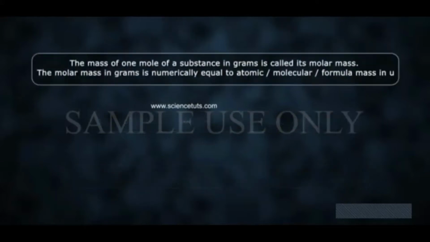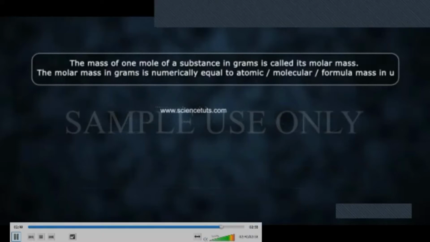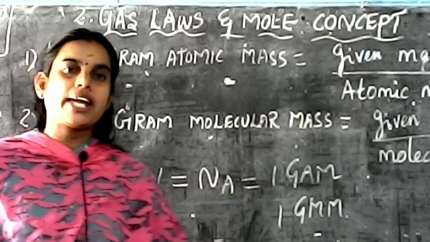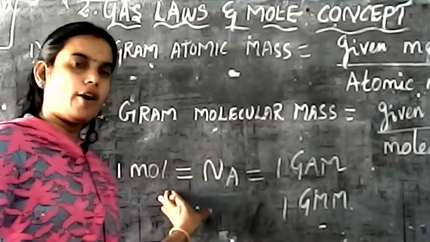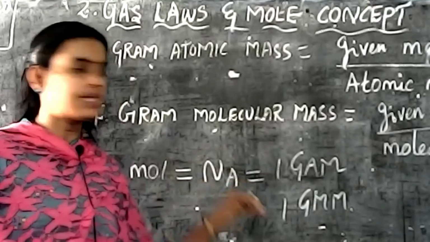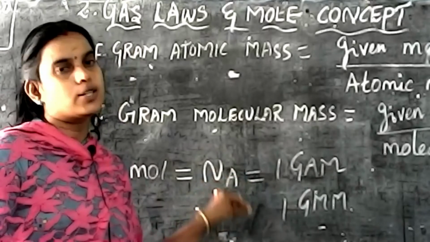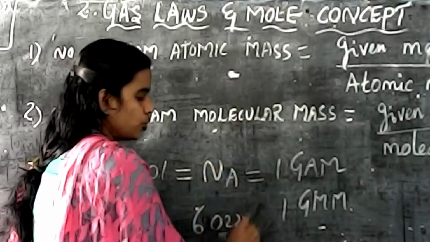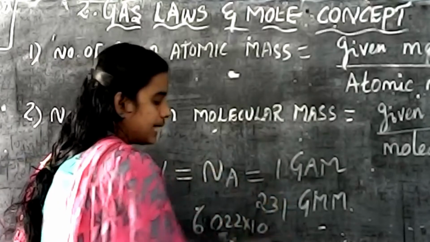The mass of 1 mole of a substance in grams is called its molar mass. The molar mass in grams is numerically equal to the atomic or molecular or formula mass in u. From this, we can understand that 1 mole of any substance contains Avogadro number of particles. What is the value of Avogadro number here? 6.022 into 10 raised to 23 particles.